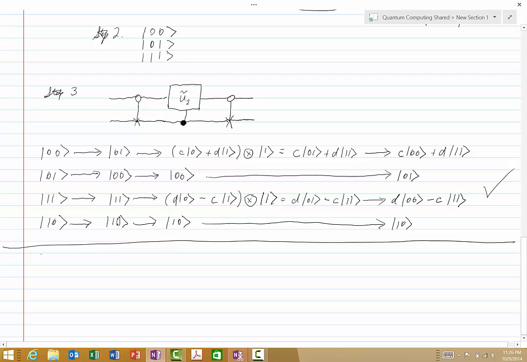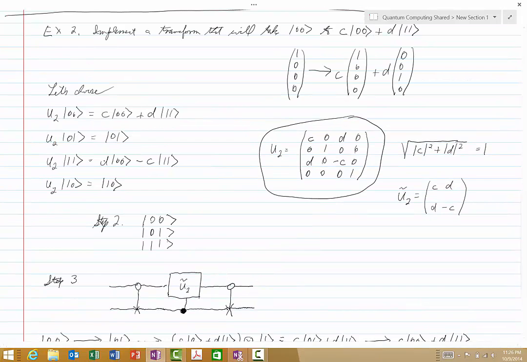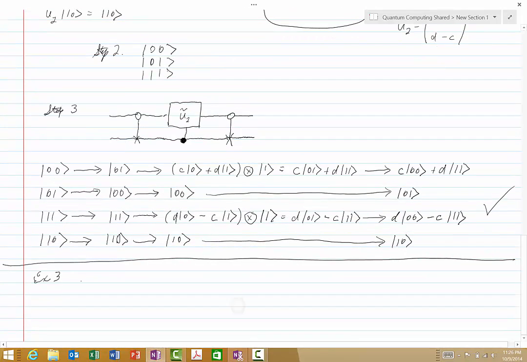So now, third example, and you can probably guess what's coming.